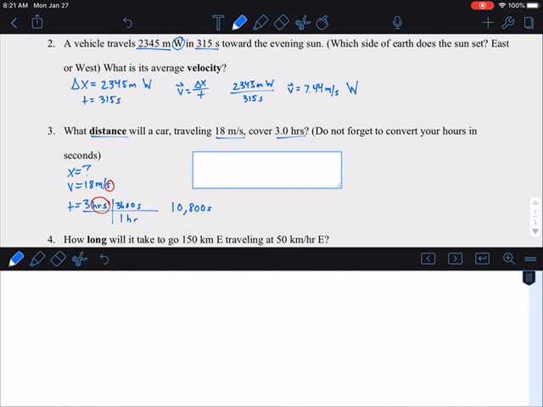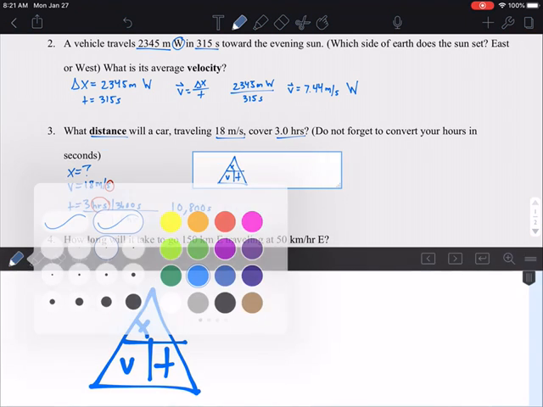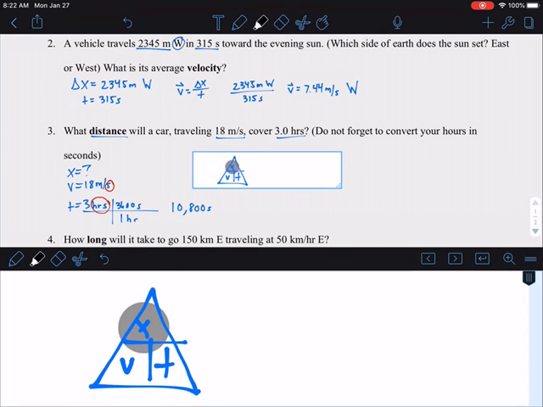So I know the triangle is v, x, and t. What am I looking for? I'm looking for x. That tells me to rearrange the equation. X equals, they're on the same level, v times t.